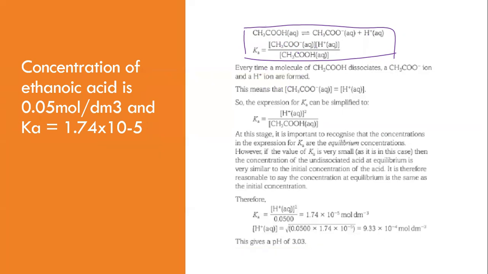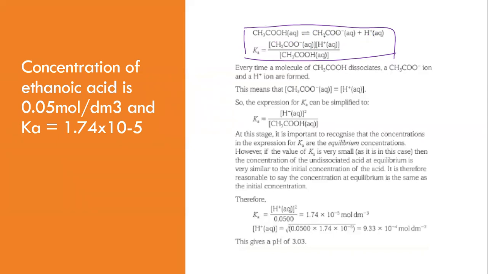Now, we have to realize that the concentration of the negative ion and the concentration of the positive ion will be the same. I mean, think about it. That is why they will combine back with each other and make ethanoic acid again in the backward reaction.